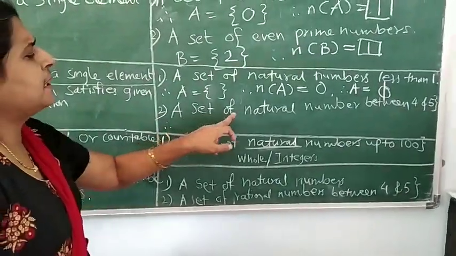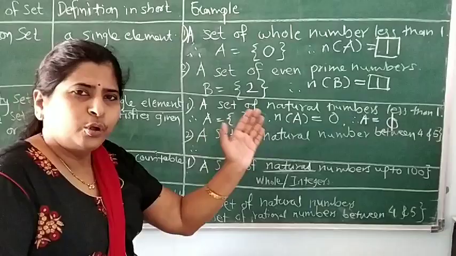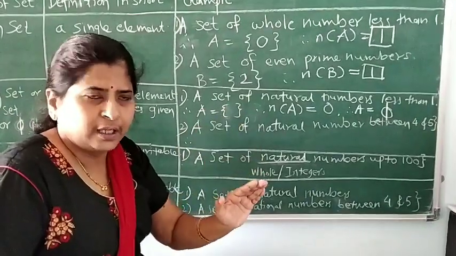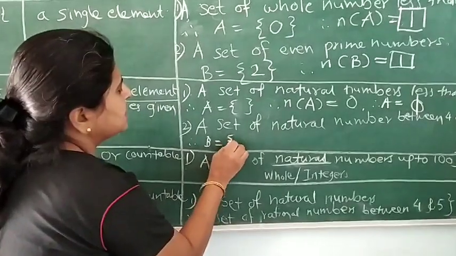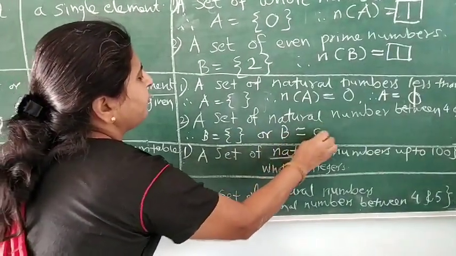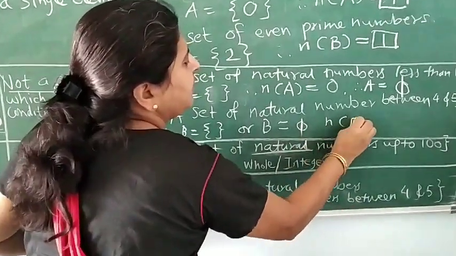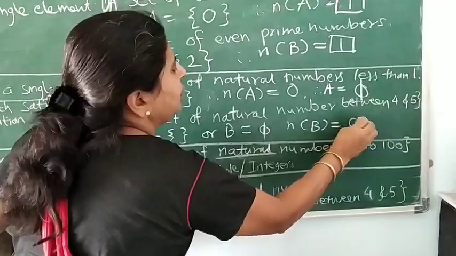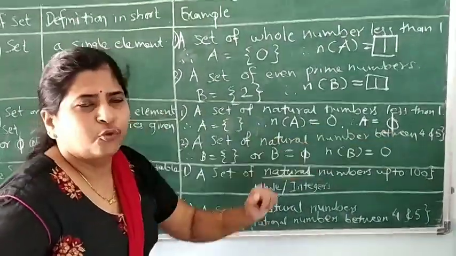One more example: a set of natural numbers between 4 and 5. There is no natural number between 4 and 5. So again this set B is an empty set, or we can say B is phi, because the number of elements in B is 0.